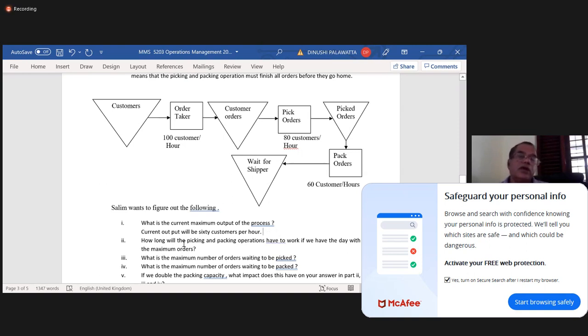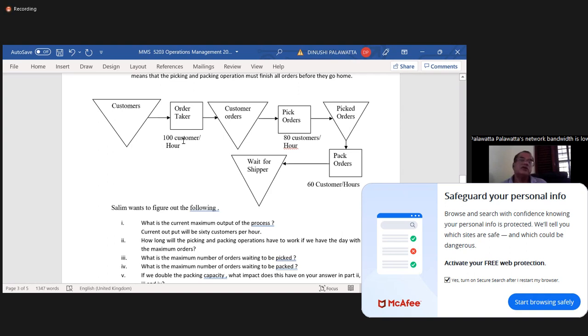And then how long will the picking and packing operation have to work if we have the day with the maximum orders? The processing is from 7 a.m. to 7 p.m., there are 12 hours.